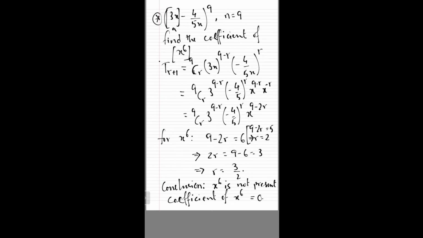That means the third term will be carrying the term x to the power 5, and by putting r is equal to 2 in the coefficient in front, in this bracket, we will be getting the coefficient of the term x to the power 5. So in this way we can find some particular term or the coefficients of some particular term in the expansion.